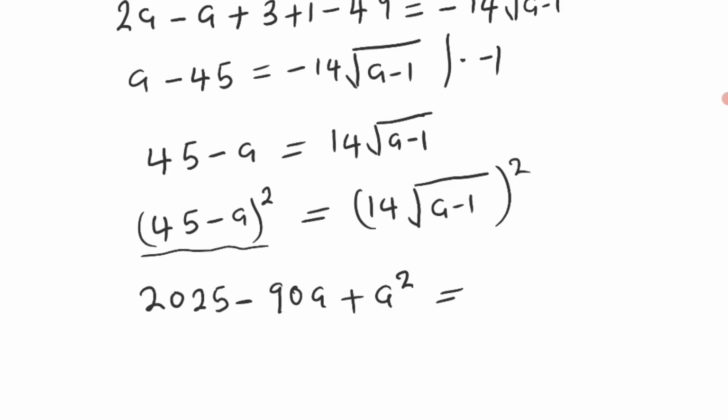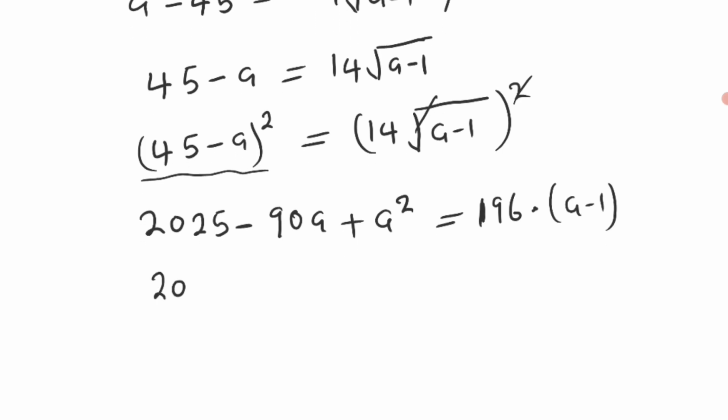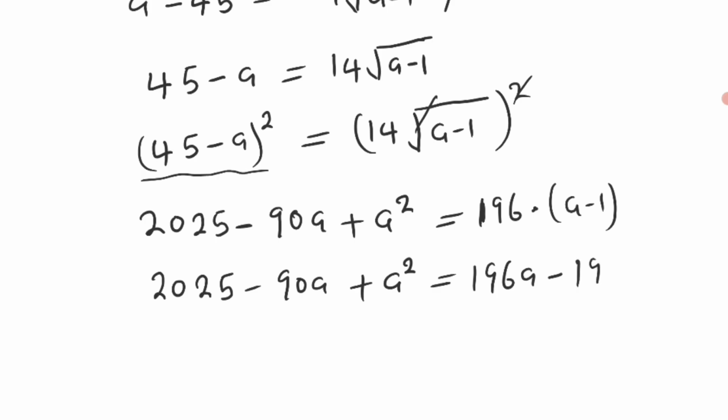This is equal to 14 square, we have 196, multiplied by a minus 1. Then this is 2025 minus 90a plus a square is equal to 196a minus 196.